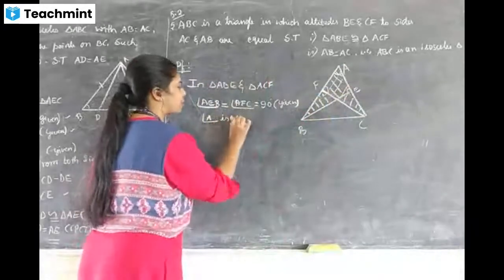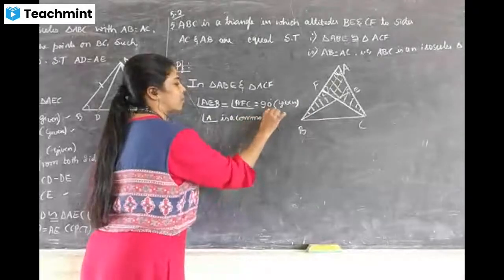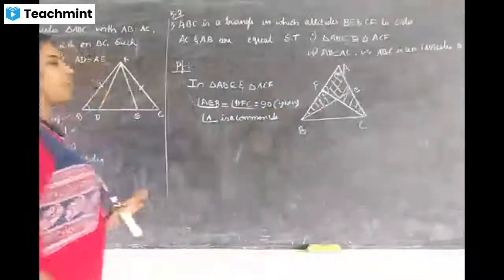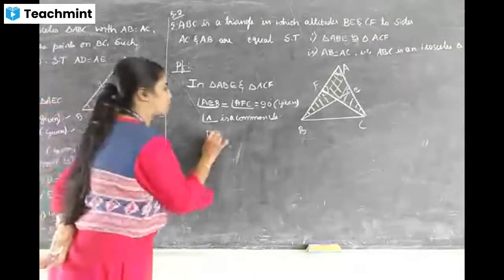One more is given. Which is that? Read the given sentence once. BE is equal to CF. Yes, the altitudes are equal, given. BE is equal to CF.